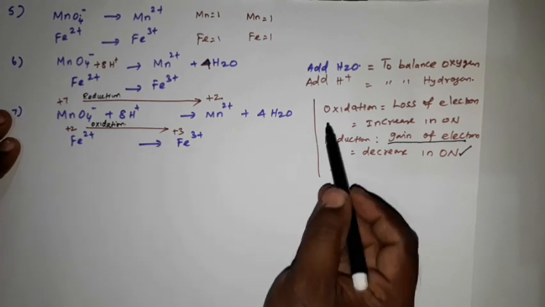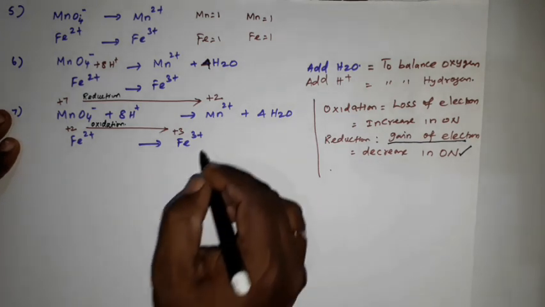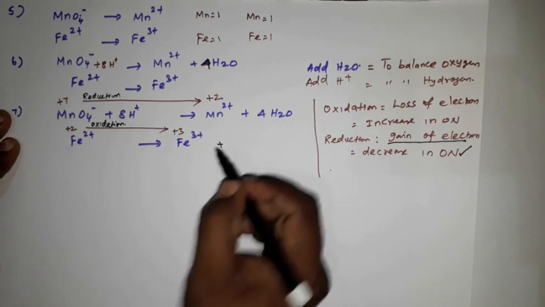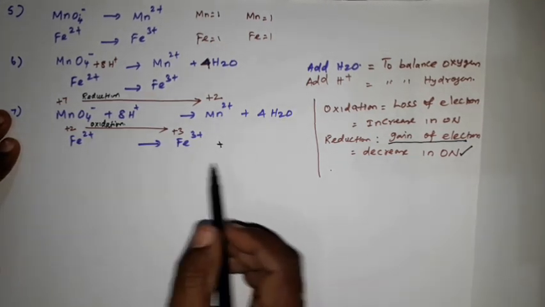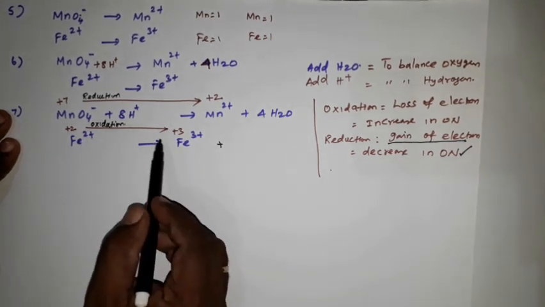Okay. So oxidation means loss of electrons. Whenever loss comes, in the equation you write the electrons on the product side. How many electrons lost? See the difference.